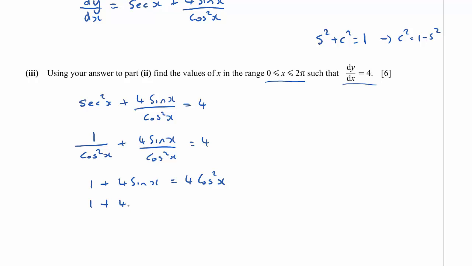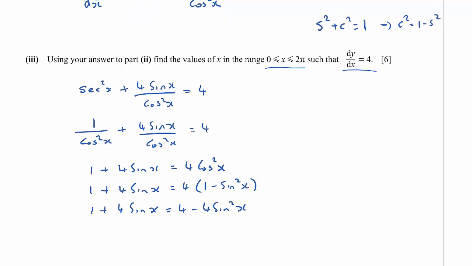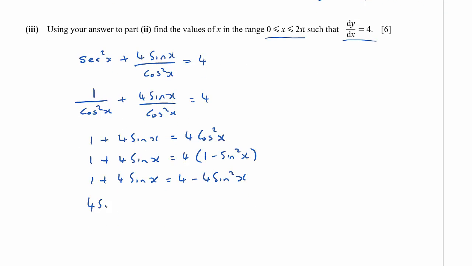So we've got 1 plus 4 sine x is 4 times 1 minus sine squared x. So 1 plus 4 sine x is 4, take away 4 sine squared x. So 4 sine squared x plus 4 sine x, and bring the 4 over, take away 3 is equal to 0.